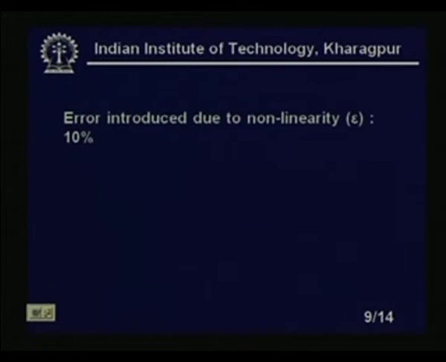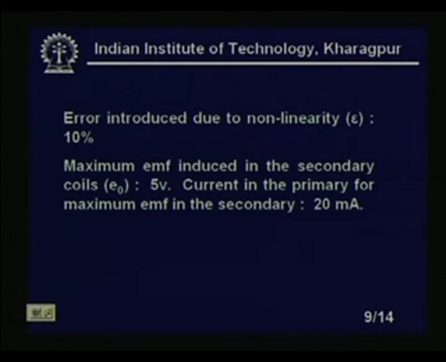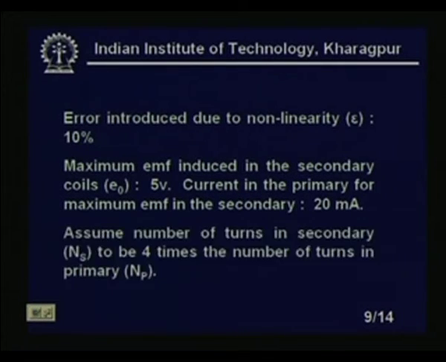Error introduced due to nonlinearity is 10%. Maximum EMF induced in the secondary coils E0 is 0.5 volt. Current in the primary for maximum EMF in the secondary is fixed at 20 milliampere. We assume that the number of turns in the secondary Ns is 4 times the number of turns in the primary.